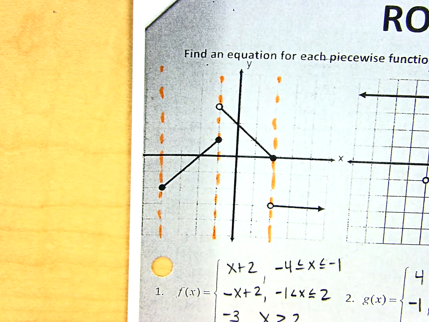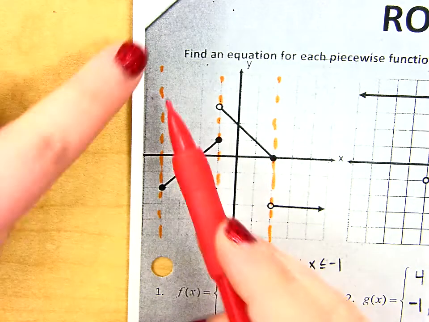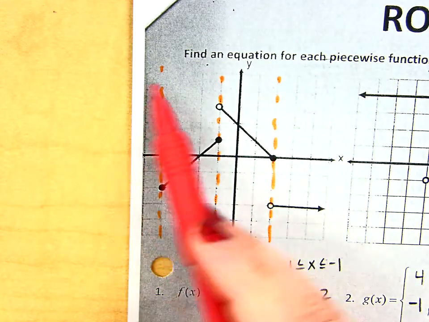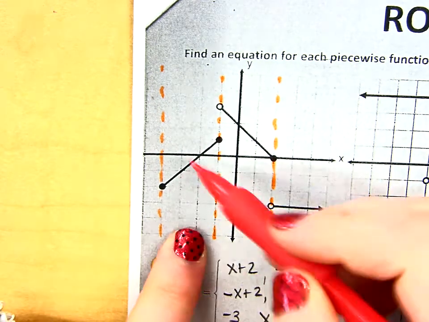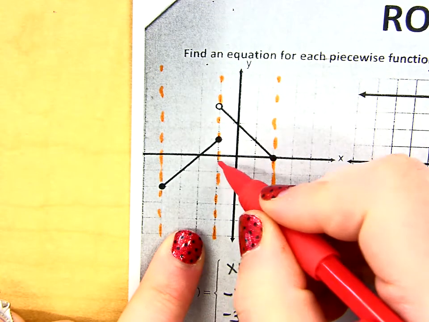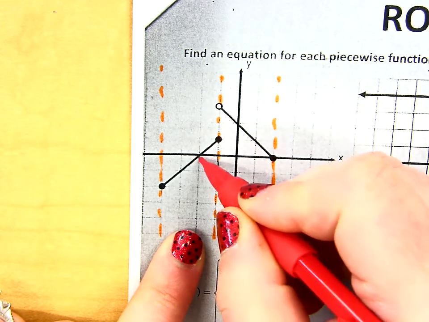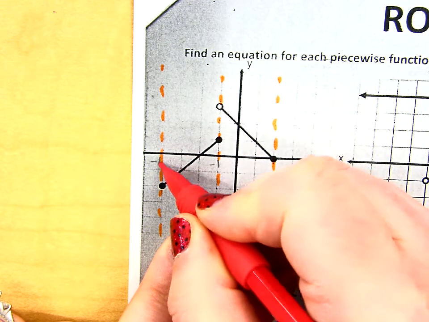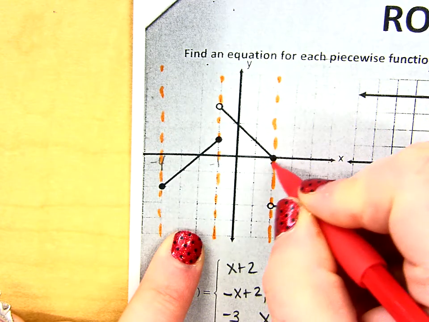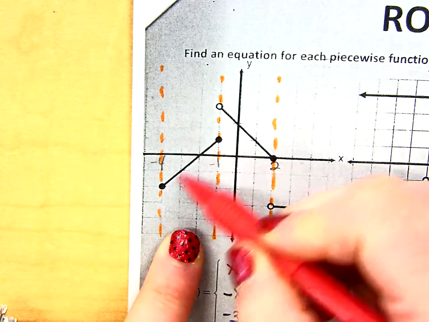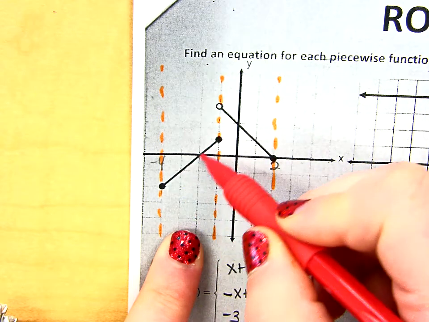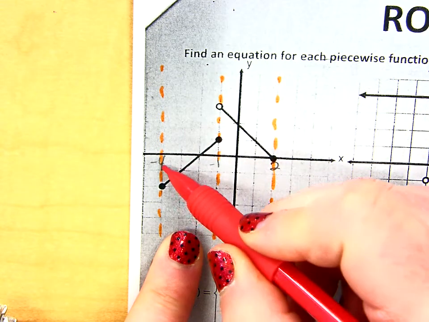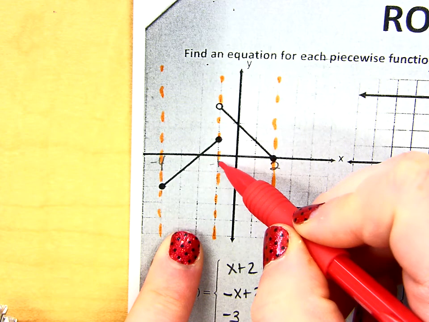So now I need to express my interval. We're always going to work from left to right. The graph doesn't even exist over here. I don't care about this region. Here, what are my x values? This is -1, -2, -3, here's -4, and that guy is 2. This first part of my piecewise function only exists between -4 and -1.